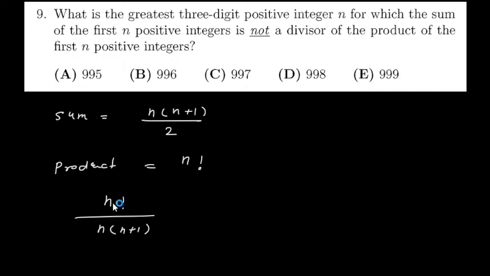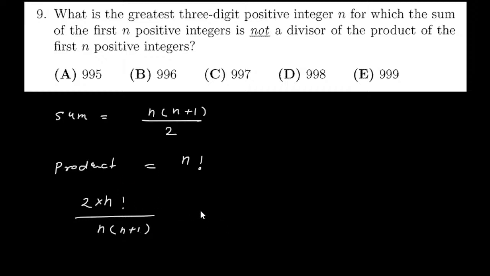Means I should find n in such a way that n factorial upon n times n plus 1 divided by 2, where the 2 we move to the numerator, so 2 times n factorial divided by n into n plus 1, should not be an integer.